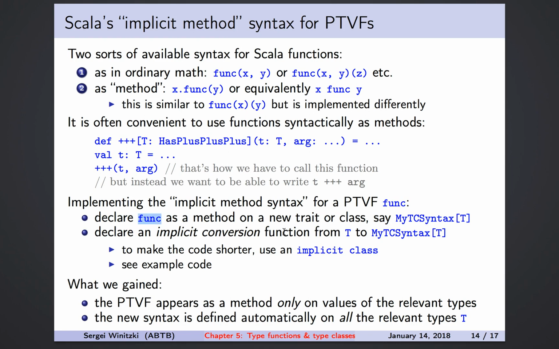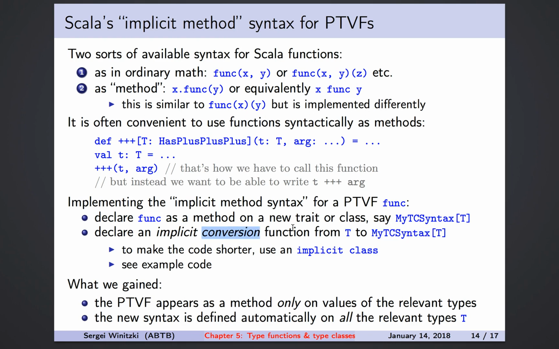You declare that as a method on a new trait or class. Well, a new trait is necessary. Usually a class is sufficient. And you declare an implicit conversion function from t to this new class.